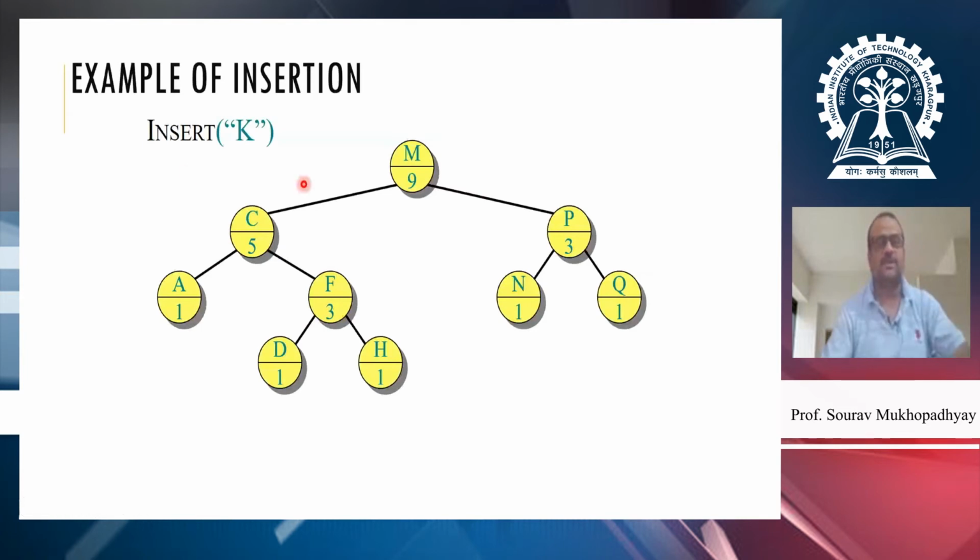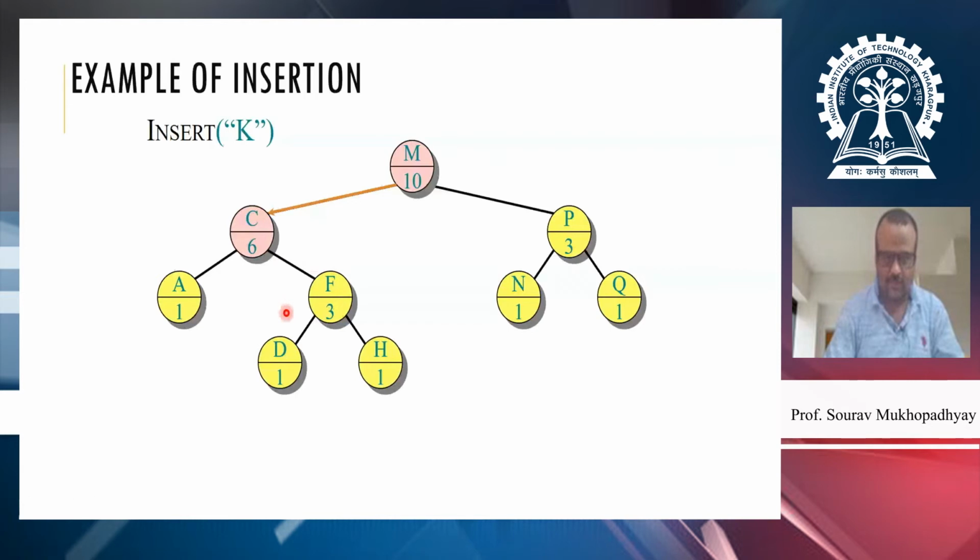Suppose we want to insert a new node k. So what is the red black tree insert? First we have to insert in a BST. So we check k with the root. K is less than this, so we have to insert in the left part. Again we check k with this node.